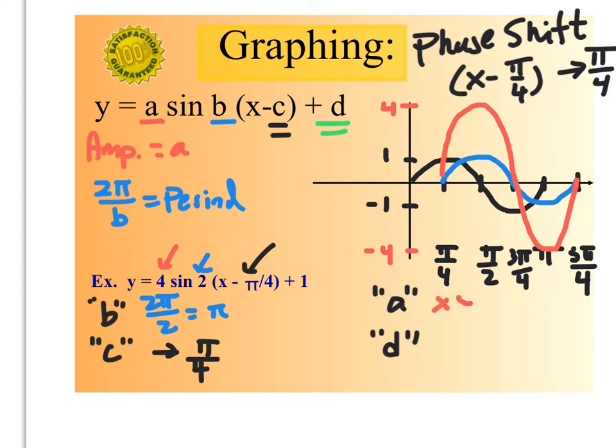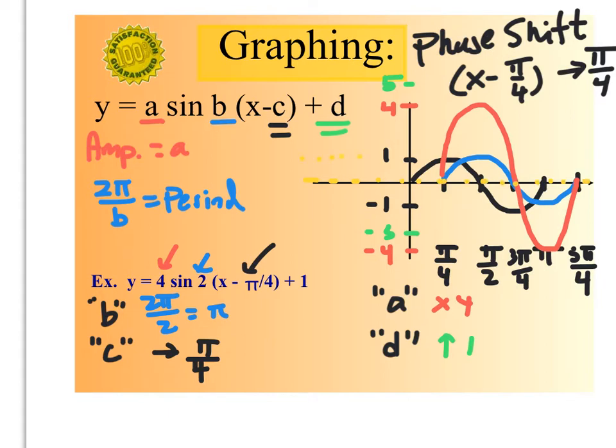Okay. And then what do? Well, then I work with D last, which means I'm going to shift this up 1 unit. So that would take our 4s up to 5s, and our negative 4s up to negative 3s. That also shifts, I want you to be aware of this, what I call the baseline of this function.